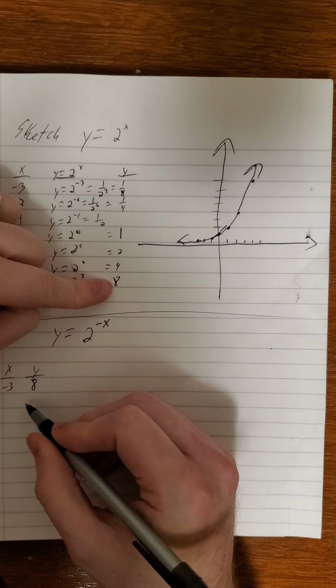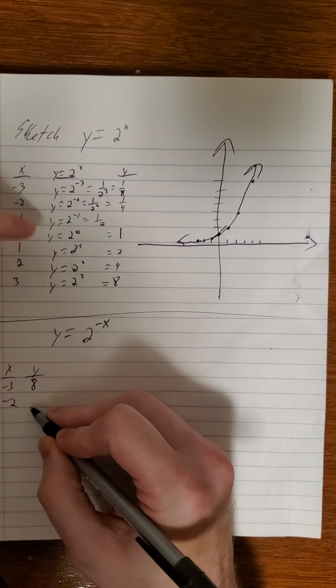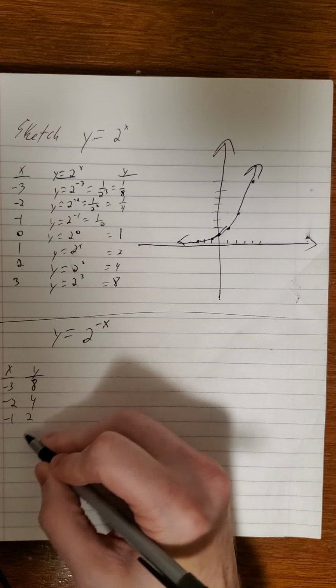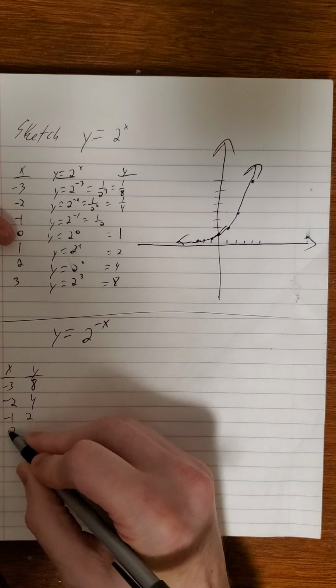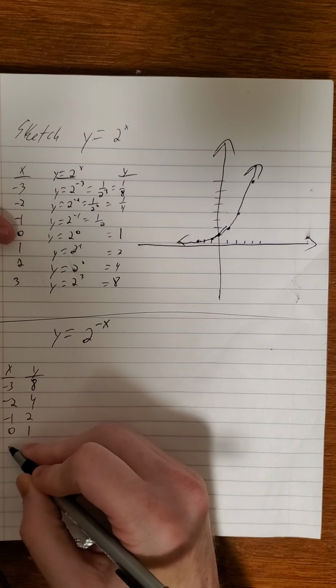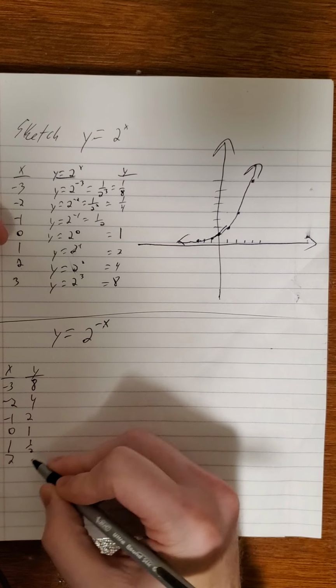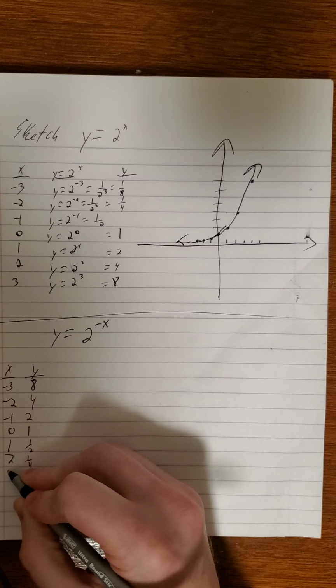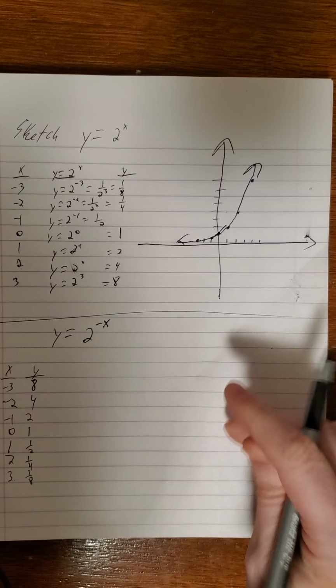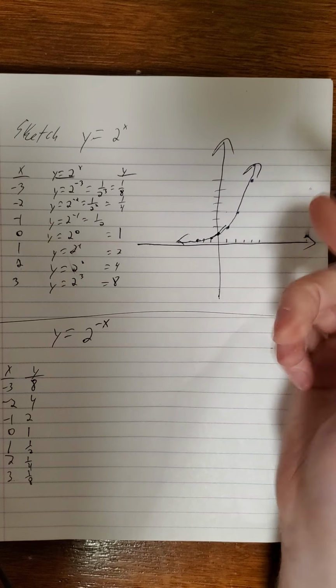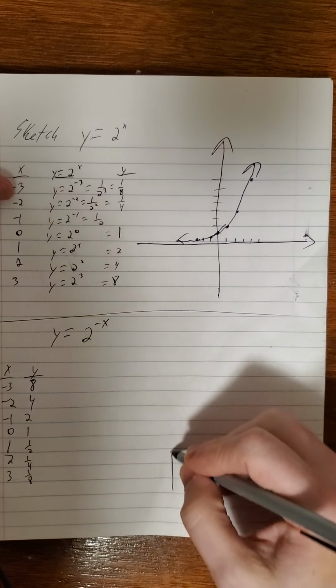So the -3 has the 8, the -2 has the 4, -1 has the 2, 0 power is still a 1, 2 to the -1st is a half, 2 to the -2nd is a fourth, 2 to the -3rd is an eighth.